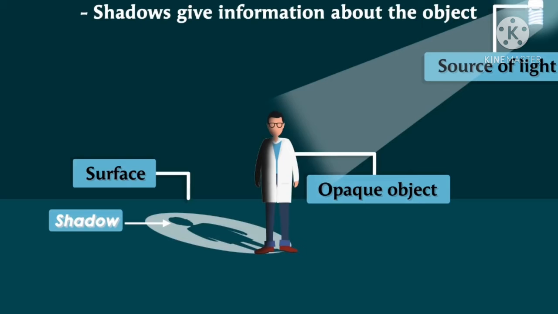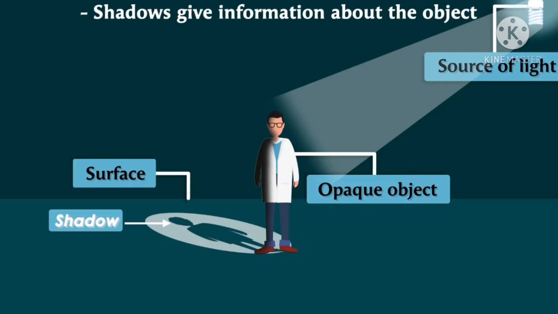Sometimes the shadows of opaque objects are not seen clearly. Our shadow and that of a ceiling fan formed by an electric bulb or a lighted candle can be seen clearly, but the shadow formed by a fluorescent tube light cannot be seen clearly.